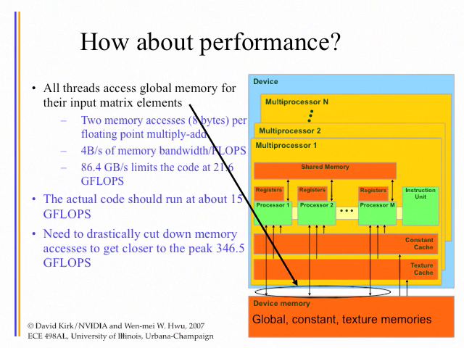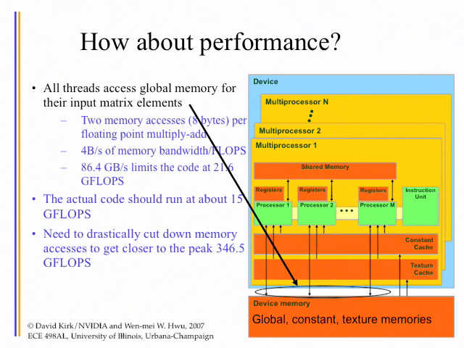So 8 bytes total will be needed for 2 floating point operations. That gives you essentially 4 bytes per floating point operation. Now, we know that this chip has about 86.4 gigabytes per second memory bandwidth.